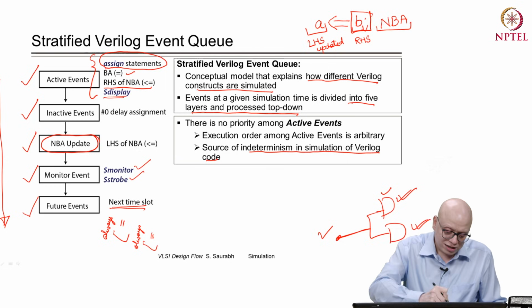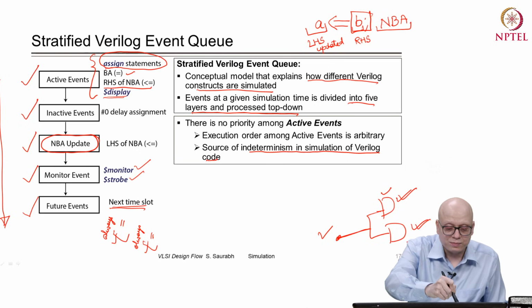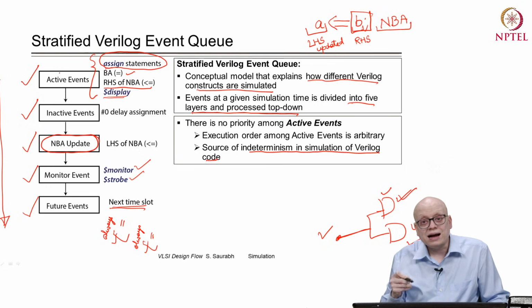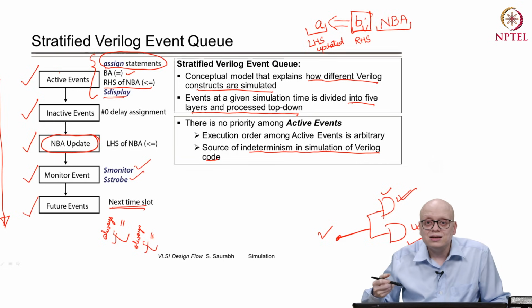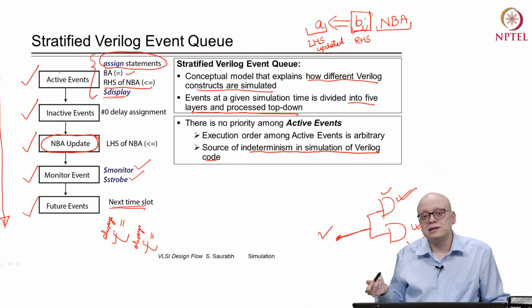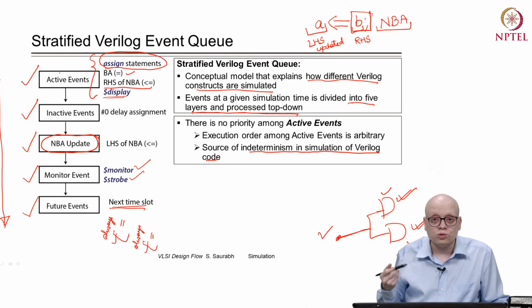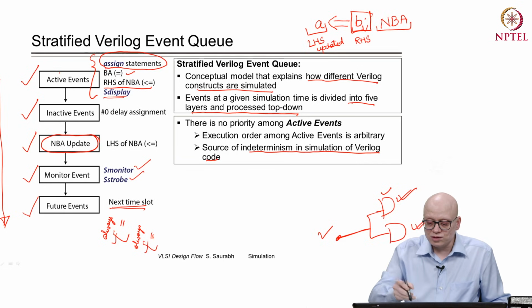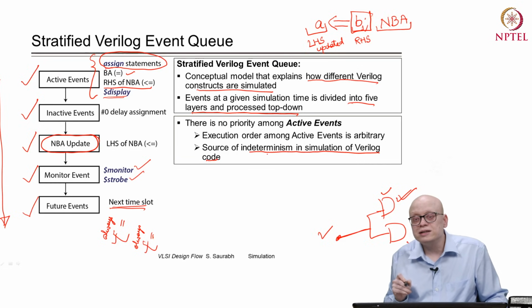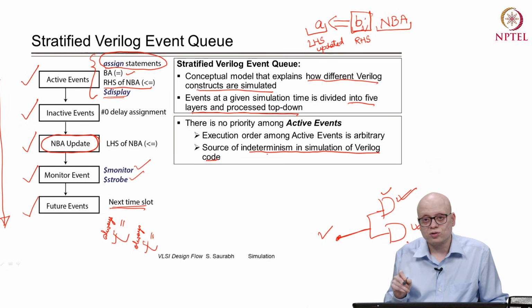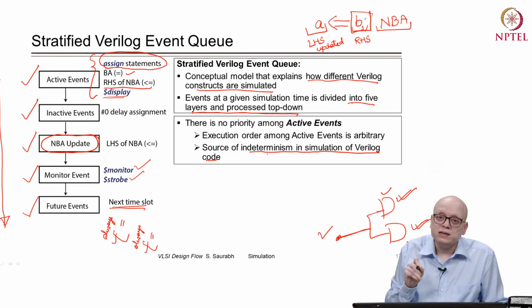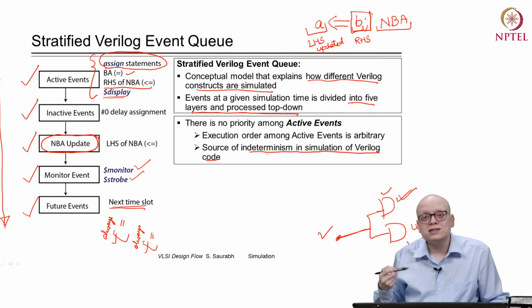Now, both of these blocking assignments can be put in the active event queue, and either of them can be processed in any sequence as desired by the simulator. We have no control. So, this is what we mean by the source of indeterminism in simulation of Verilog code. Ideally, our functionality shouldn't be dependent on which of them is processed earlier or later.